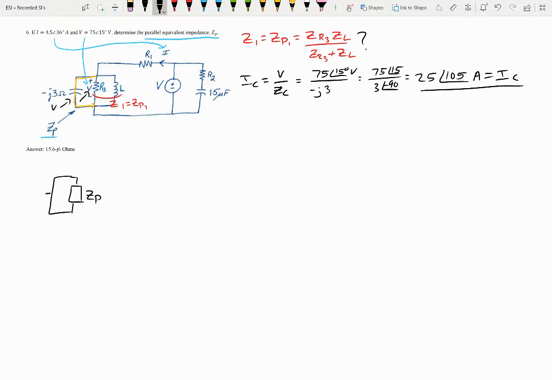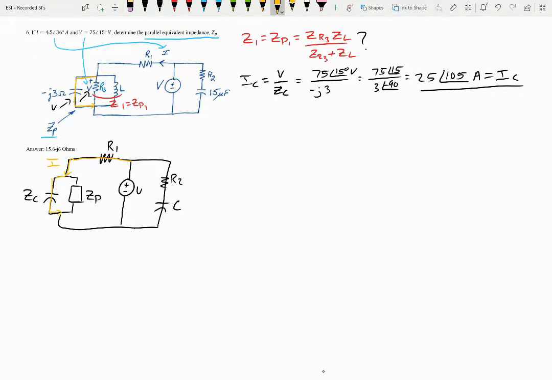ZP, ZC, V, R1, R2, and this capacitor here, which I'm just going to put C. Okay, so now I know that this current coming in through here, I'll call that I. Then I know I of C going through the capacitor. So I'll call this current I1.